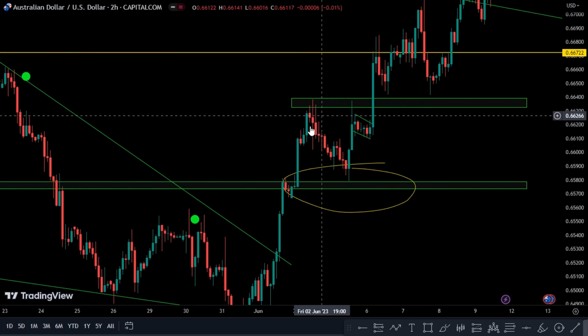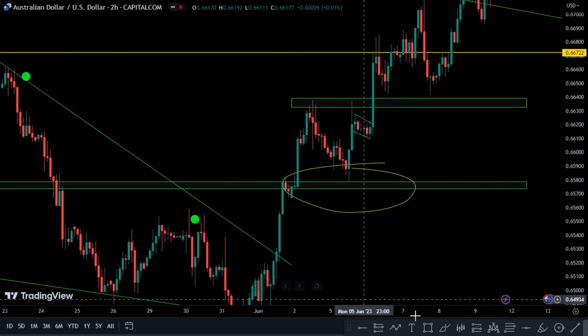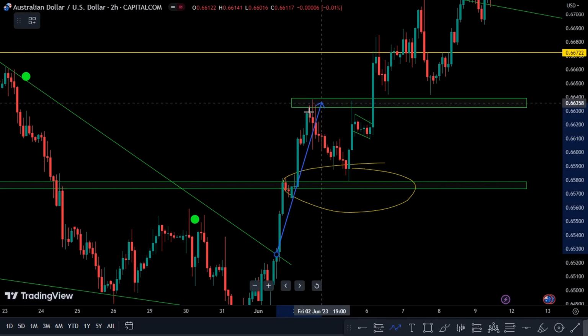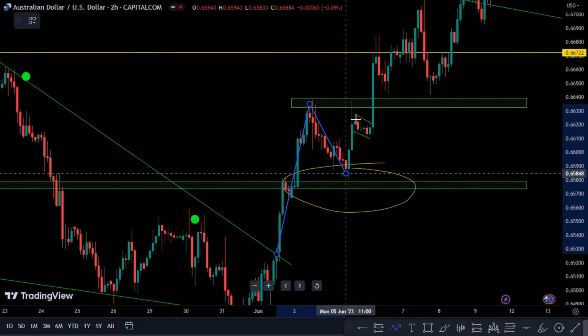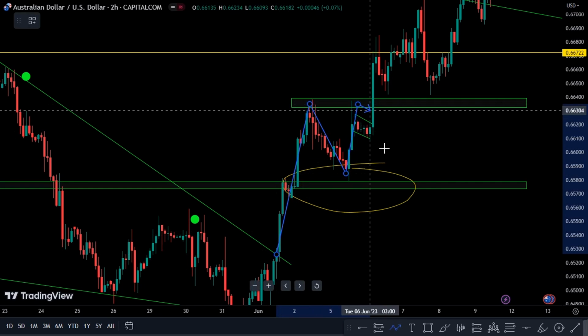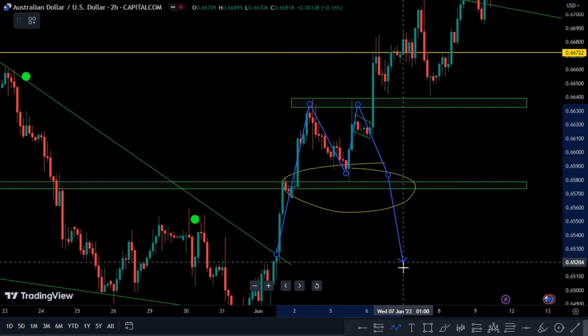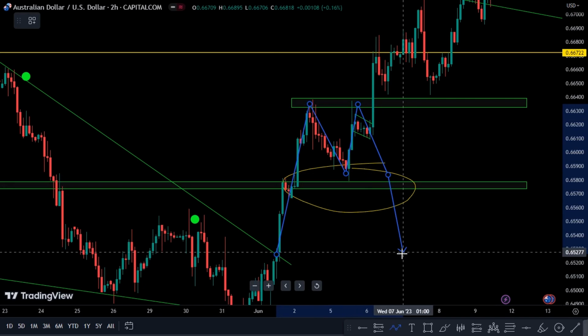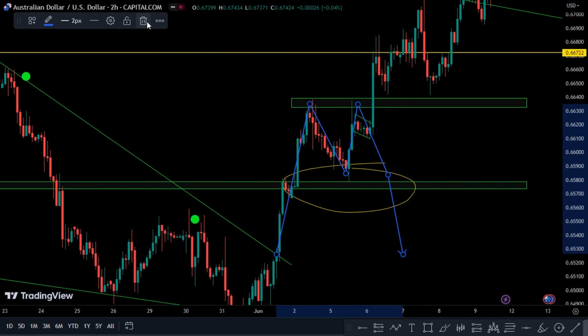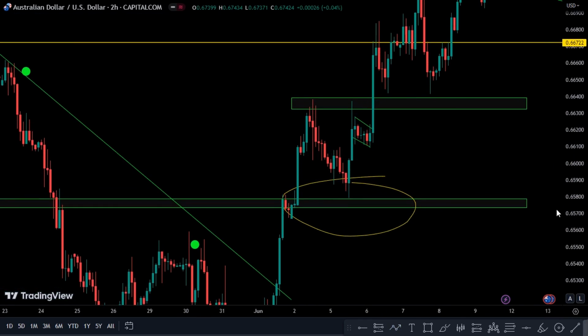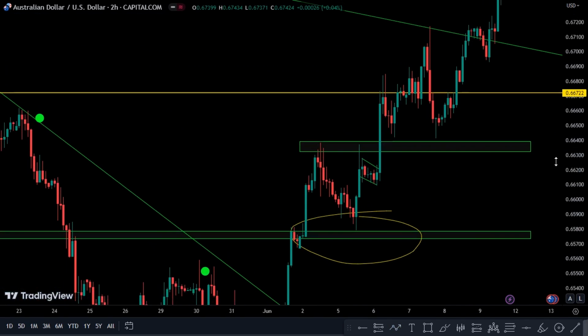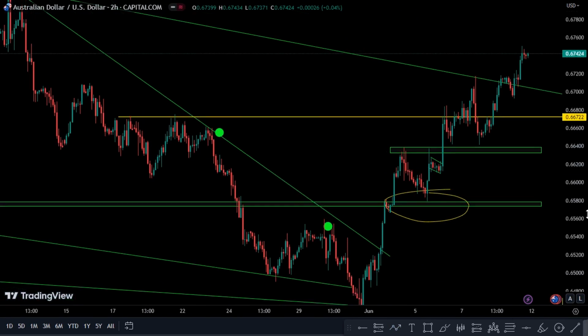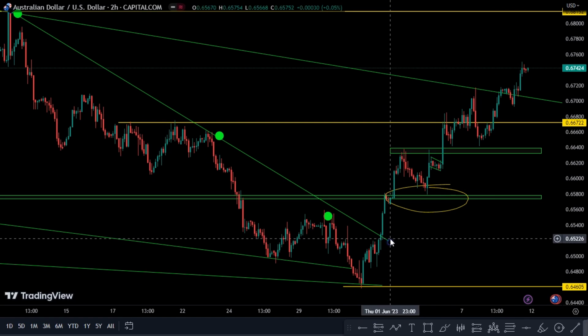Even looking at the size of the M formation that we would have right here, it is small in terms of size for us to anticipate a market that is going to reverse and push to the downside. So our anticipation was the market to continue pushing, since this trend line was also broken.